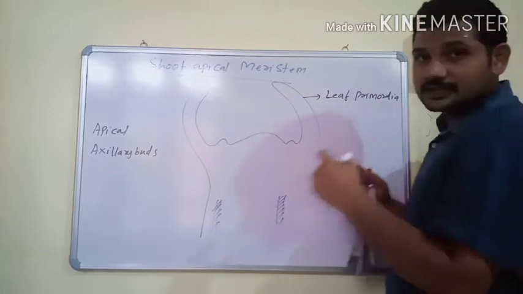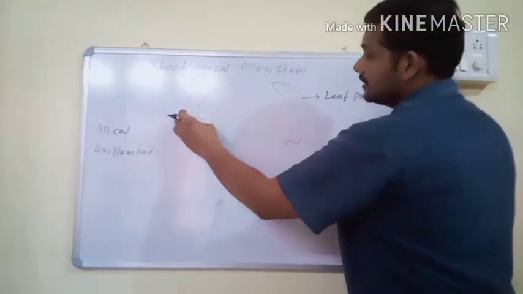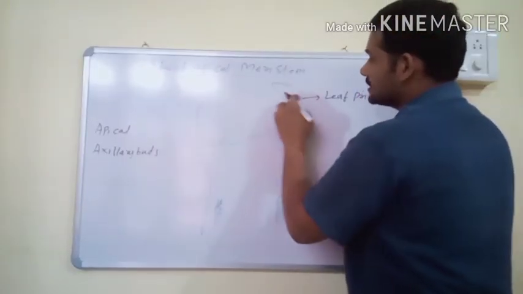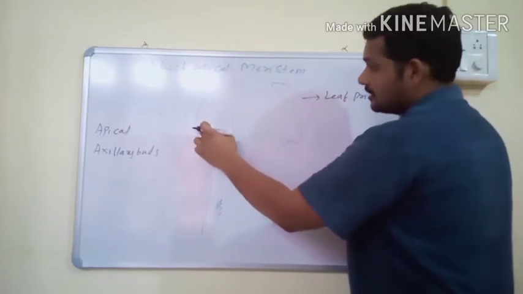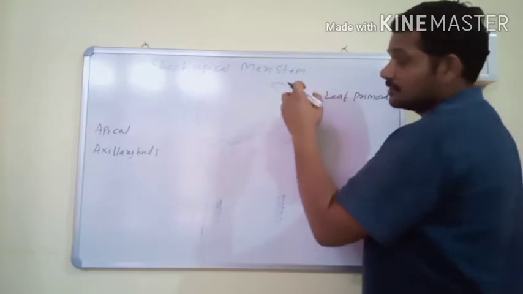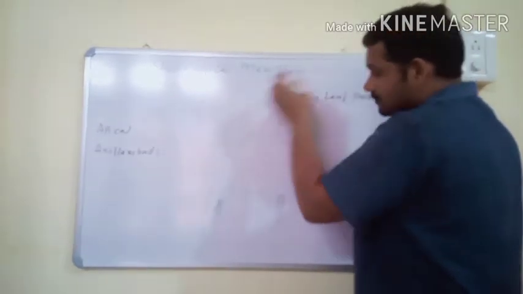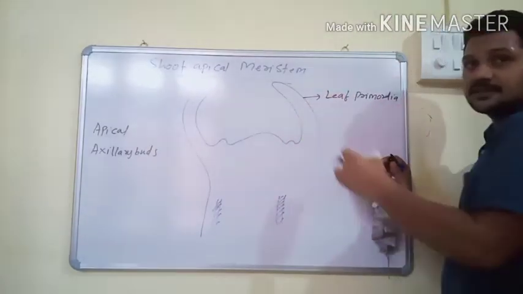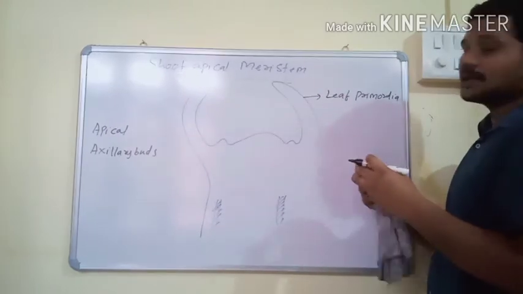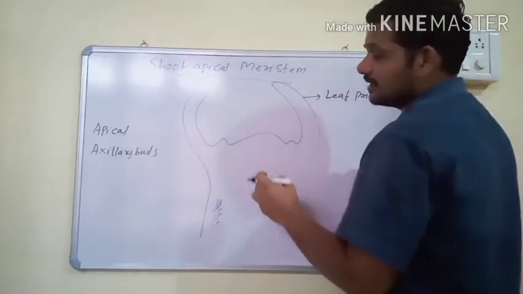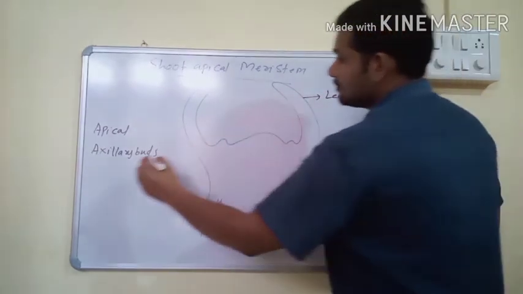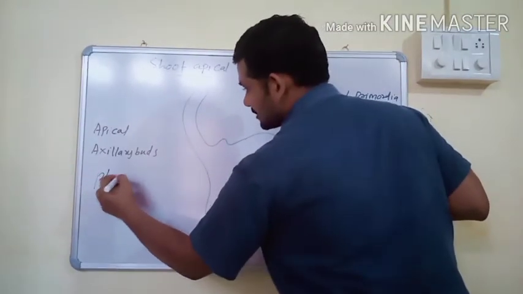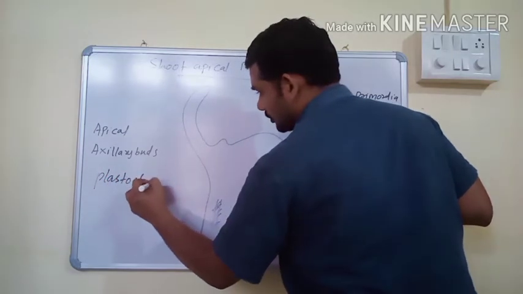Initially one leaf primordium develops, and after some time the next one forms. Some time period is required between the formation of two successive leaf primordia, and this time gap is known as plastochrone.